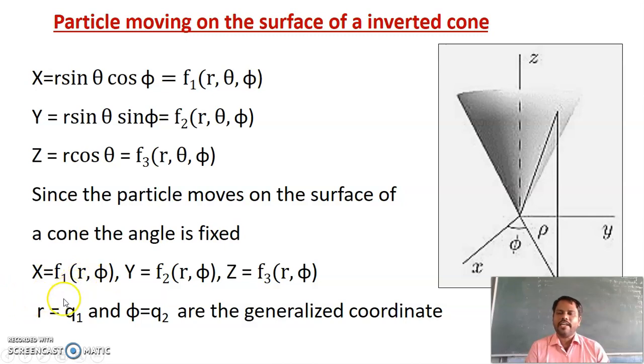Now r can be represented by q1 and phi by q2. These q1 and q2 are generalized coordinates. In the simple pendulum, theta equal to q1 was the generalized coordinate. Likewise, in this case, q1 and q2 are the generalized coordinates.